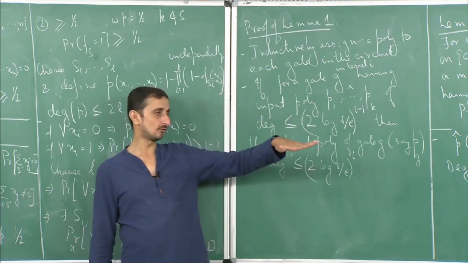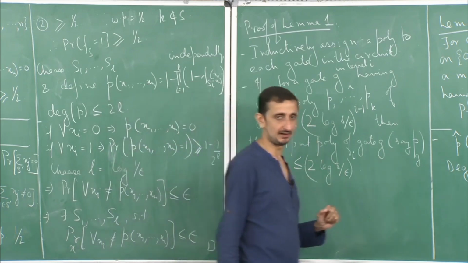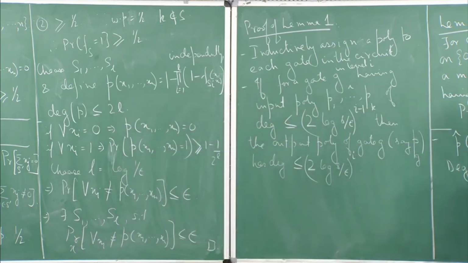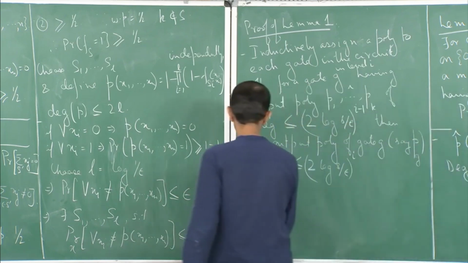So, as I go from I minus 1 to I, it gets multiplied with 2 log S by epsilon. Finally, if the depth is D, the total degree will be (2 log S by epsilon) to the power D. Okay.